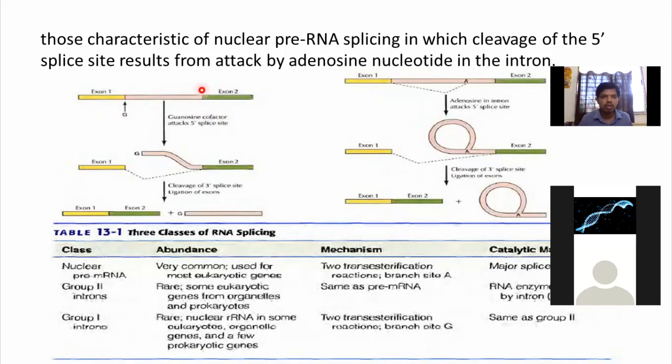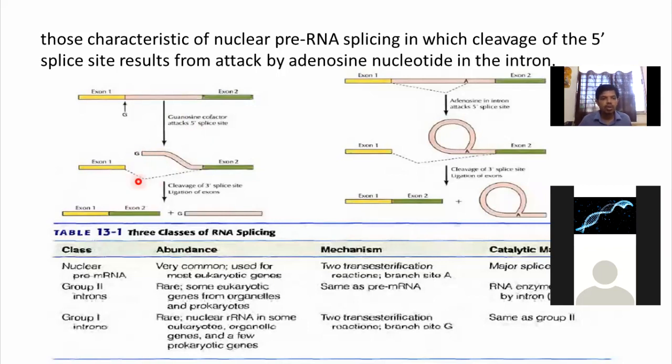Now, in the case of group 1 introns, I already explained that a guanosine cofactor is present. This guanosine cofactor attacks the 5' splice site, and it will cleave that phosphodiester bond.